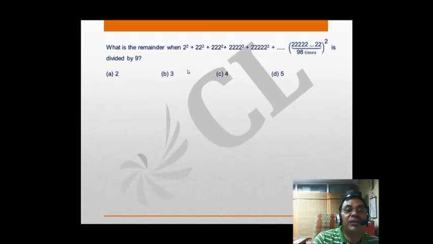If I just take out 2 square, it will become 1 square plus 11 square plus 111 square plus 1111 square.